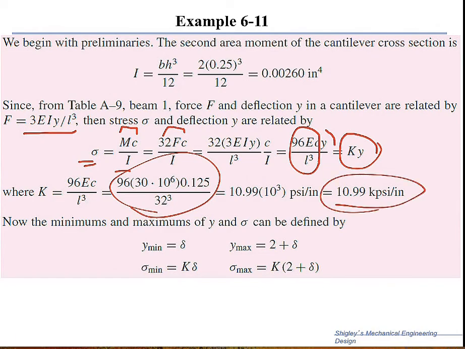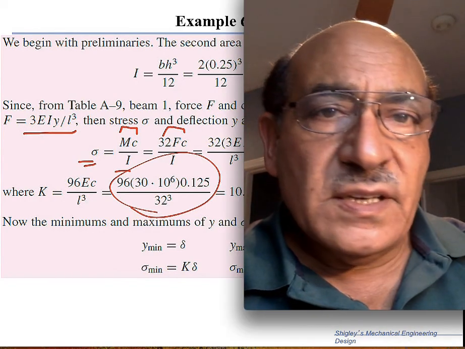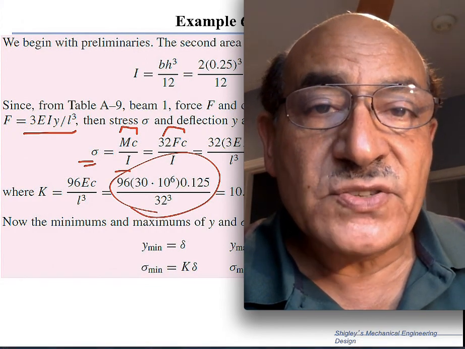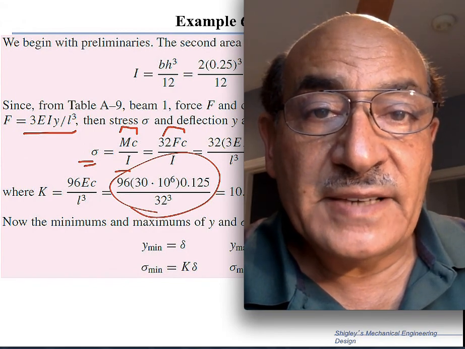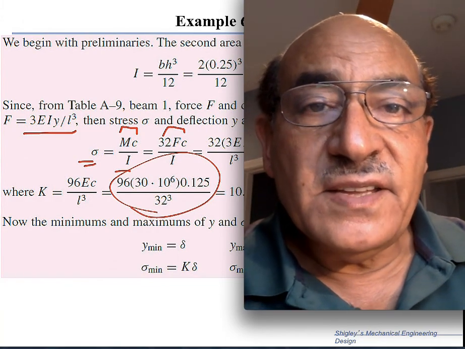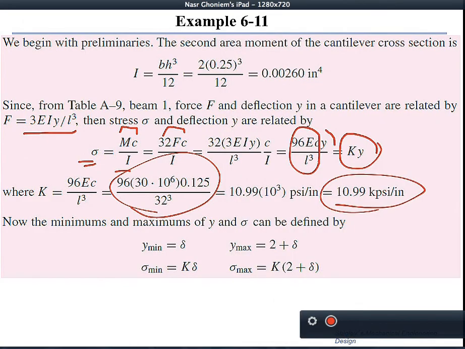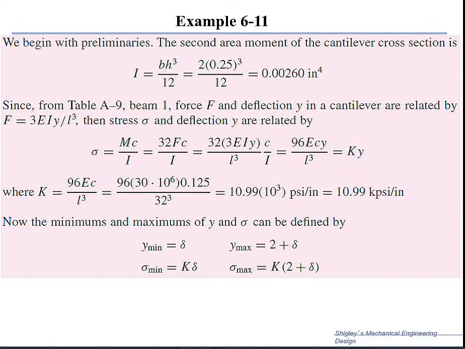So it means that every inch of deflection corresponds to a stress of almost 11 ksi. As the cam moves up and down from 0 to 2 inches, the stress goes from 0 to about 22 ksi. Therefore, to find the maximum and minimum stress, we have to find the minimum deflection and the maximum deflection.